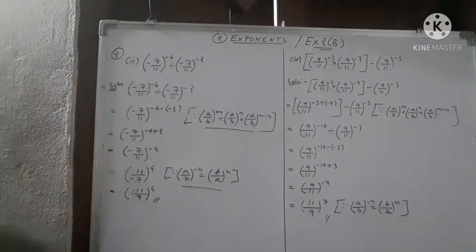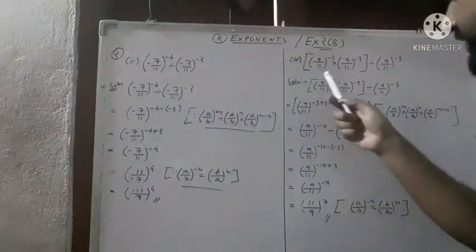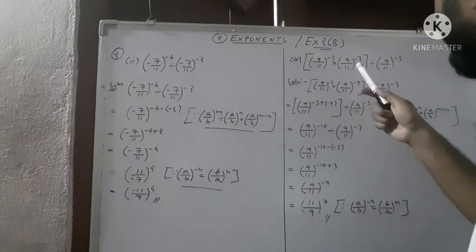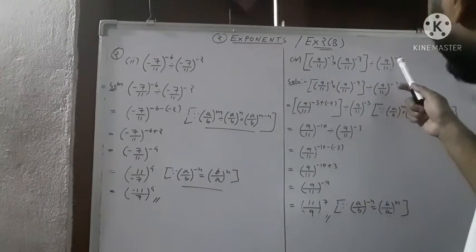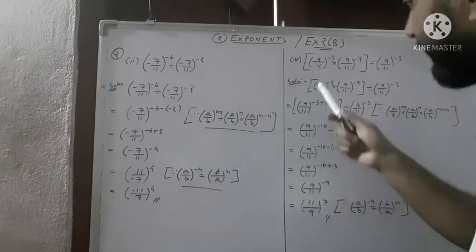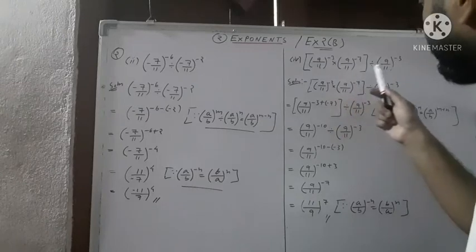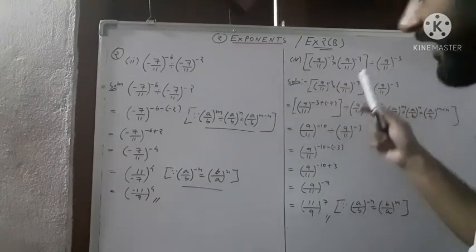Okay. Similarly, let's do the Roman number 4. It is given that 9 by 11 whole power minus 3 into 9 by 11 whole power minus 7 divided by 9 by 11 whole power minus 3. In this case also, as you can see, the base is the same in all the given numbers, that is 9 by 11, 9 by 11 and 9 by 11.